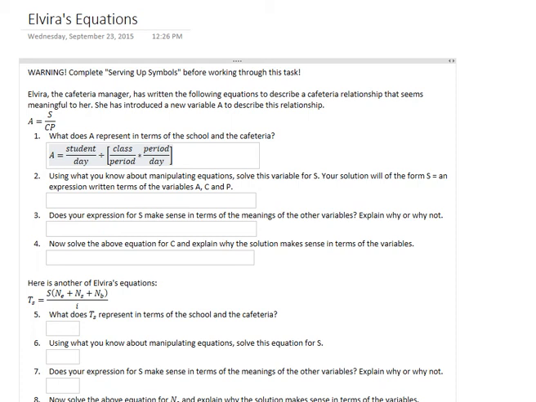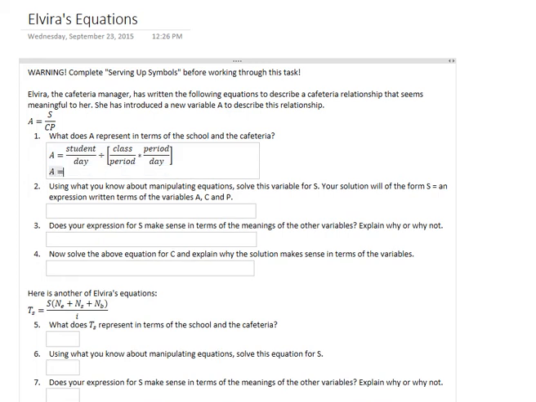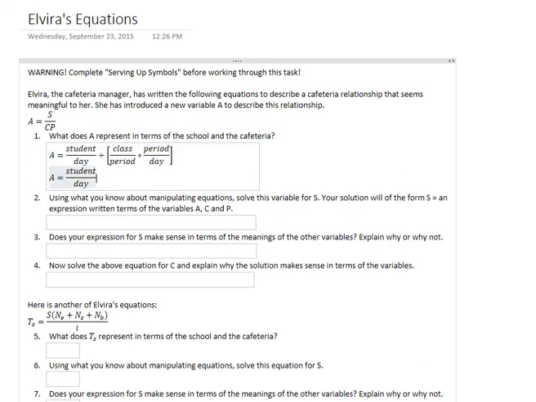Now you might remember from our work in examining units, we can see right away there at the bottom of the fraction that we can actually do some cross canceling. Let's go ahead and do that before we get too much further. And we're not going to start the division process yet. We're just going to simplify the bottom part of our fraction. We end up with class per day. Alright.